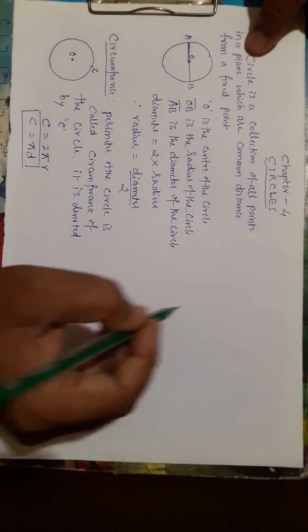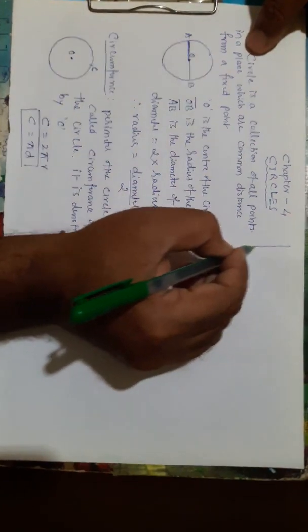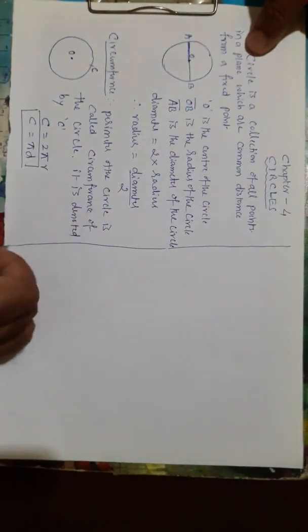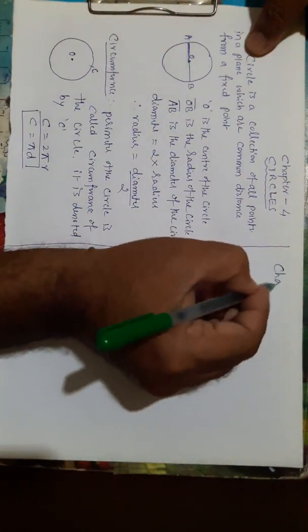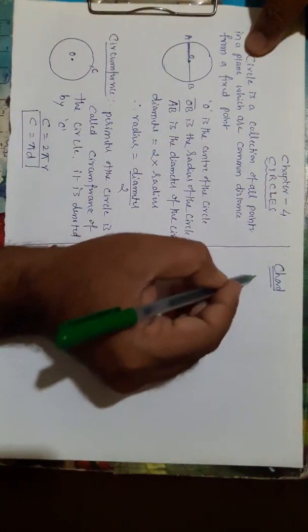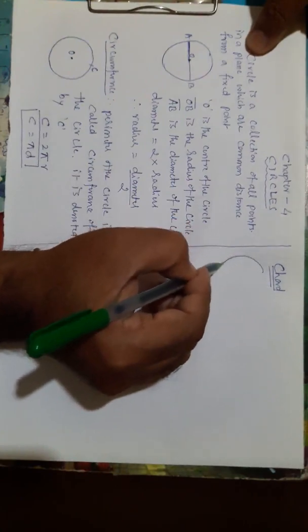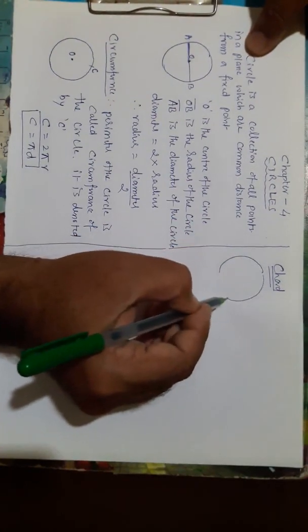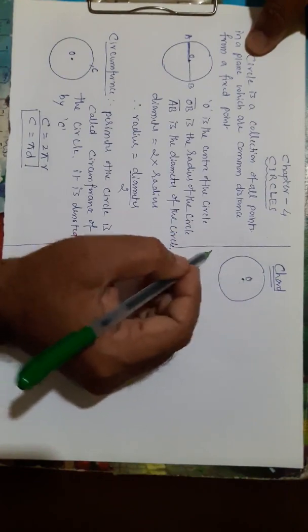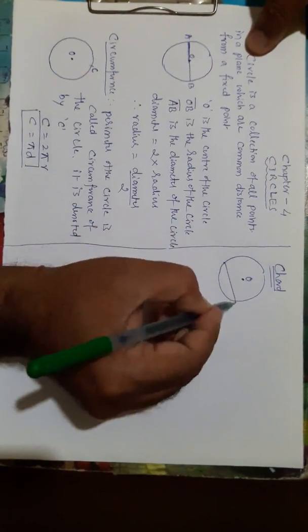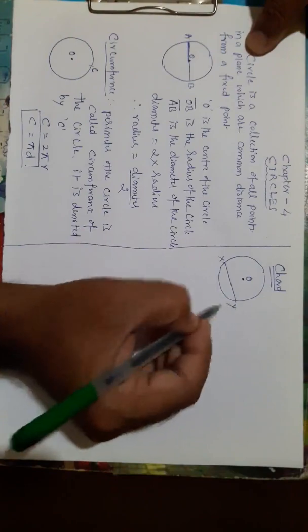Now let us come to know the chord of the circle. Let us draw one circle. O is the center of the circle.